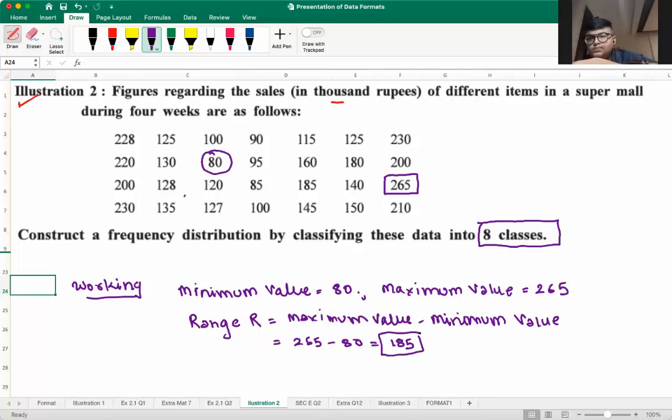So this is our range denoted by symbol R.